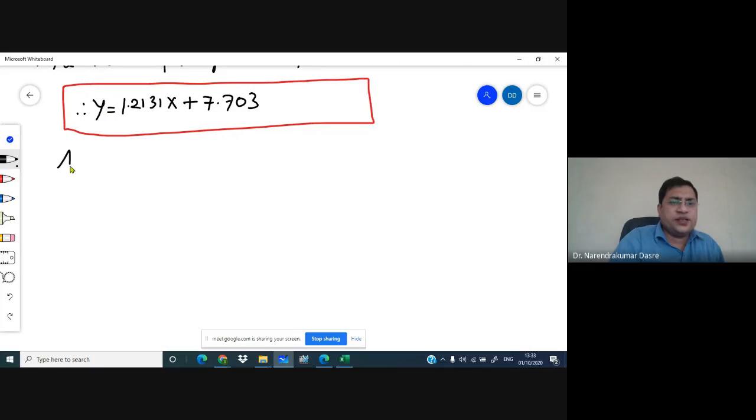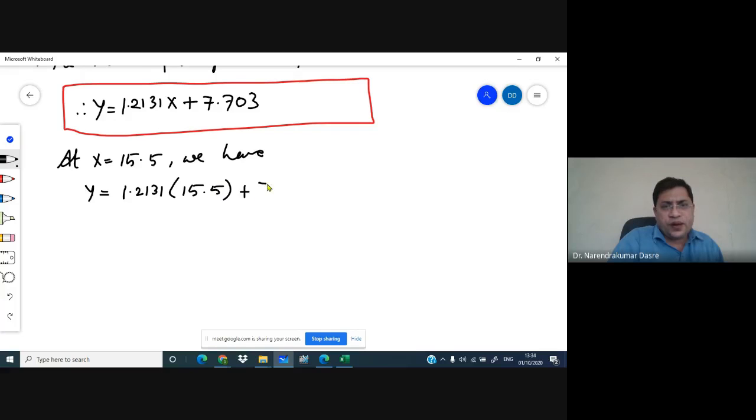Hence at x is equal to 15.5, y is equal to 1.2131 times 15.5 plus 7.703. So you calculate this and tell me what is the value of y you are getting at this point 15.5? 26.506.